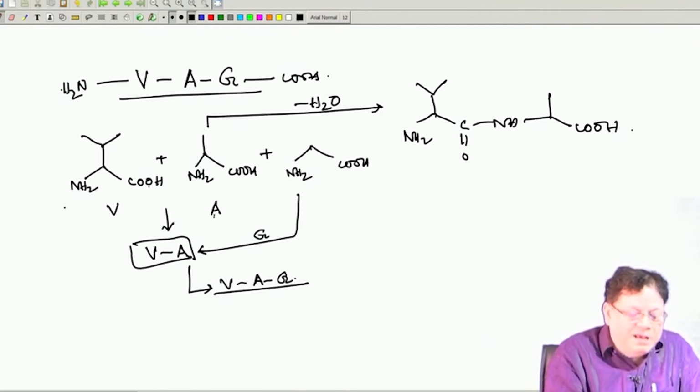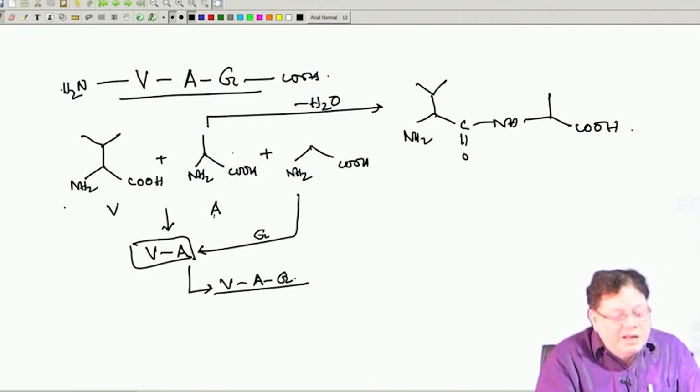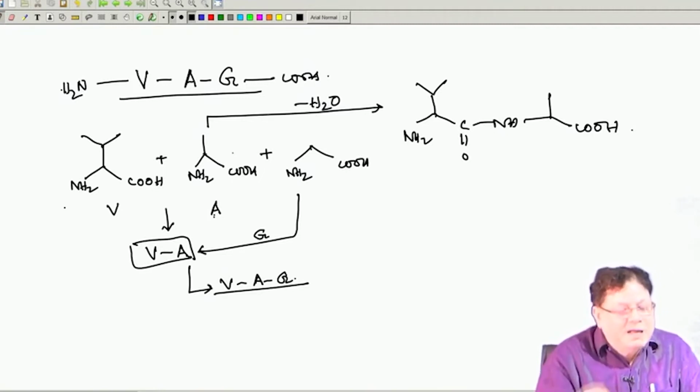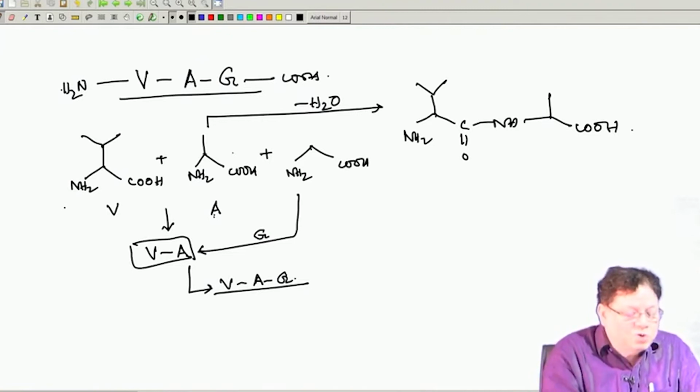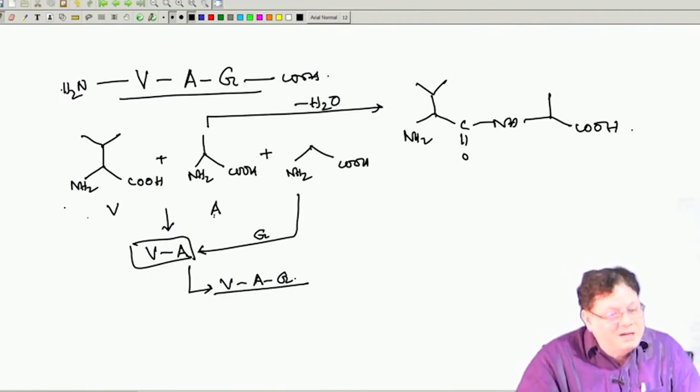The second problem is, what is the guarantee that this NH2 will react with this carboxy group, because this NH2 can react with another molecule of alanine. So, alanine and alanine can combine and form a peptide, alanyl alanine. Valine can also do that. So, there is this self coupling that can take place. That is the second problem.